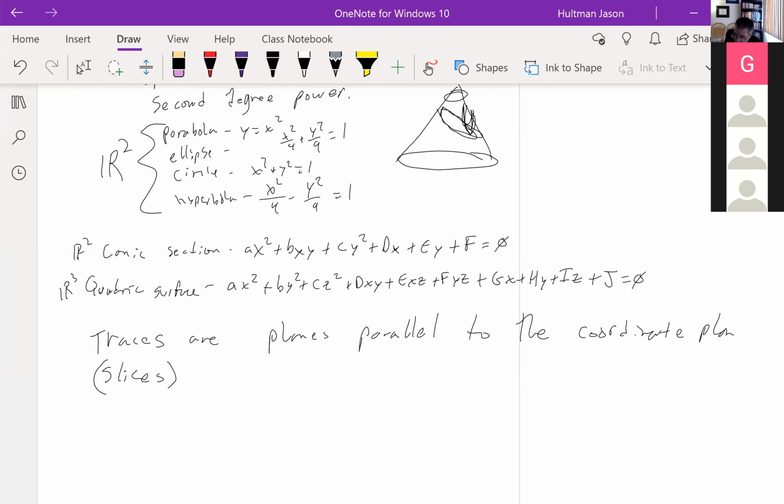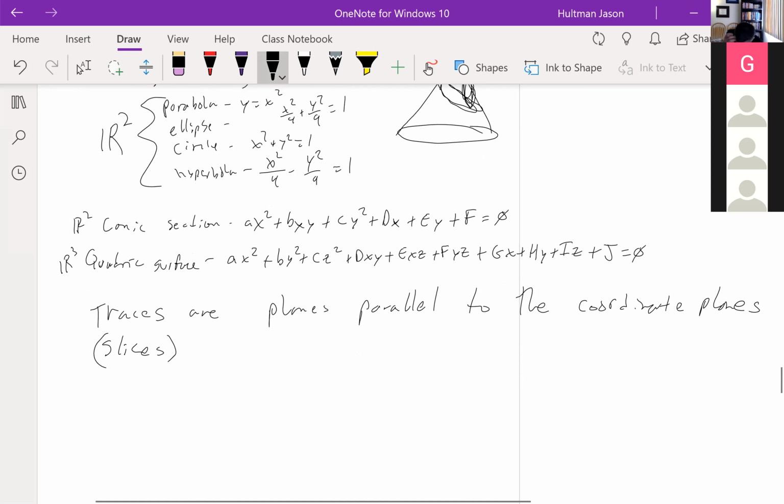Traces are special rulings, and they're only in the x, y, and z direction. They're parallel to the coordinate planes. They're special types of rulings, think slices.